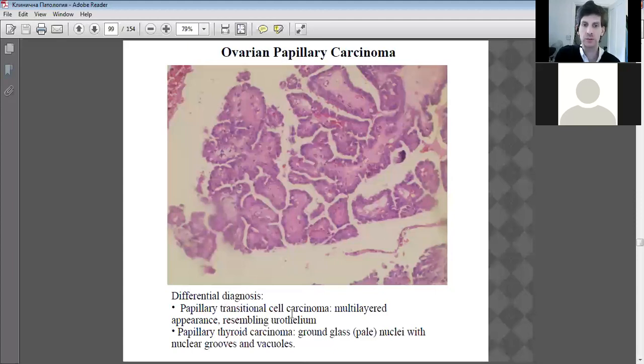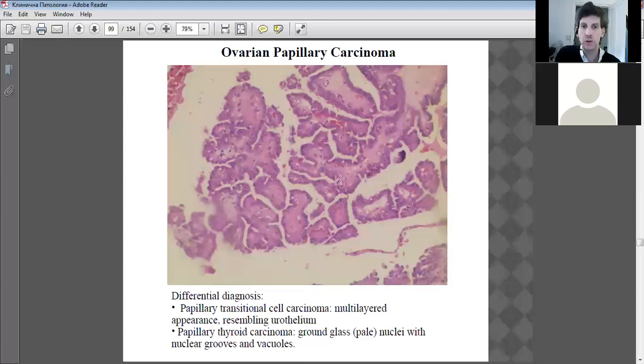Papillary transitional cell carcinoma, multi-layered. Sure, it is multi-layered. It has 1, 2, 3 layers to its surface, and this means it's dividing rapidly and growing rapidly.